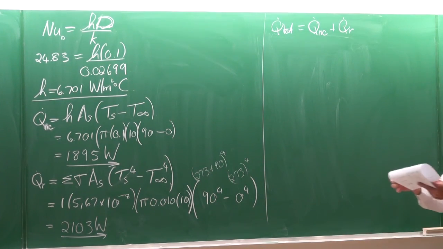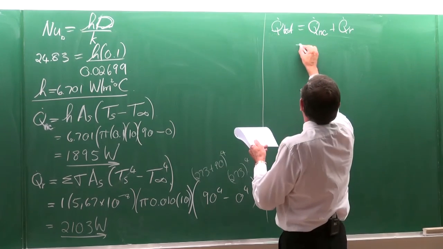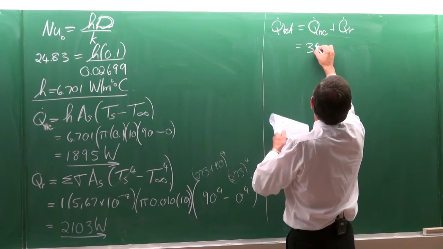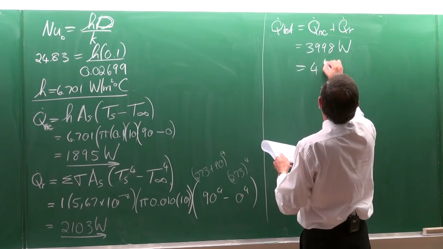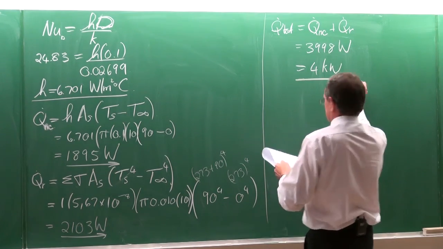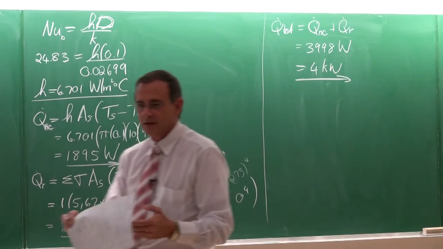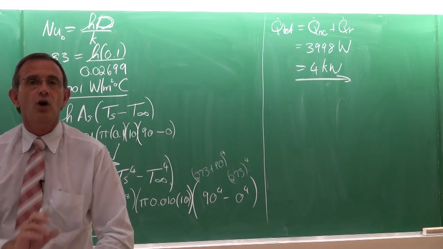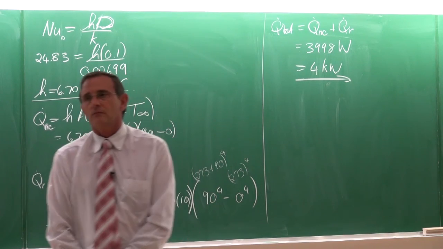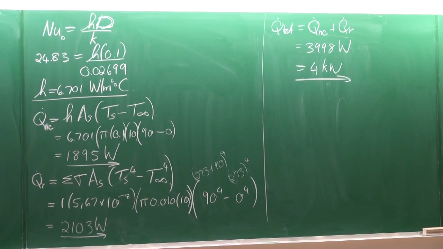And if we add the two together, it is equal to 3,998 watts, so that is equal to 4 kilowatts. Obviously, by assuming the emissivity is equal to 1. It will be smaller than 1, but it gives us an indication of the order of magnitude of the radiation.